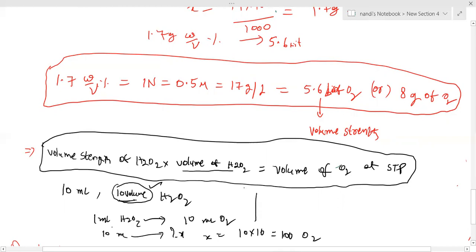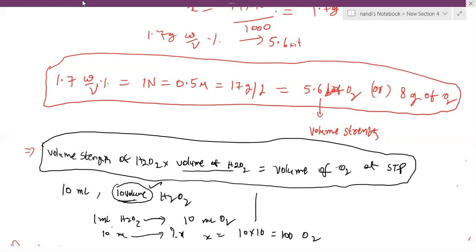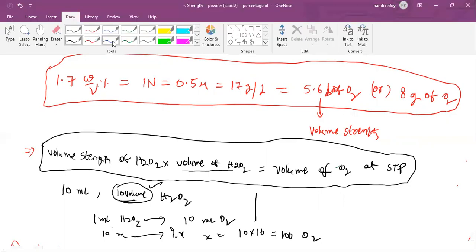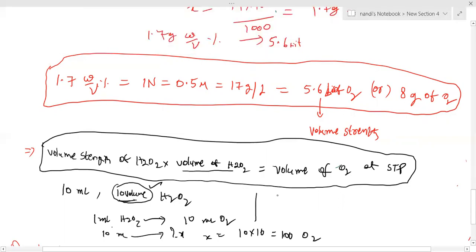One more example I am giving. Please look here. Suppose 20 volume of H2O2 is given. This means 1 liter of H2O2 will release 20 liters of O2.